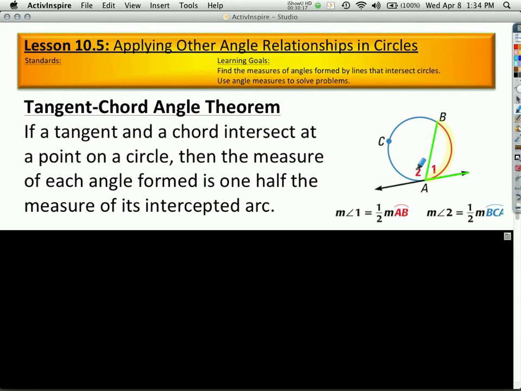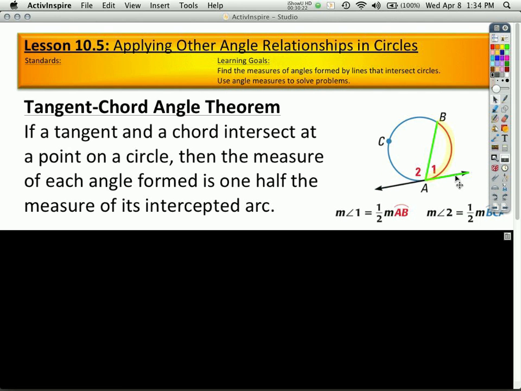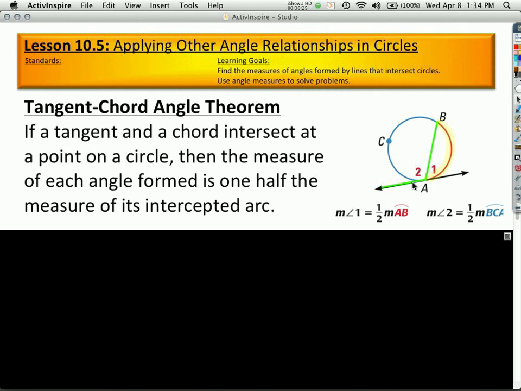If we were to look at the other side, angle 2, or the angle formed by this and this, this angle's measurement would be half the measure of this arc. The arc is formed by the vertex and the end point of the chord. So that's a tool to add to your vast toolbox, and we're going to use this quite a bit today.